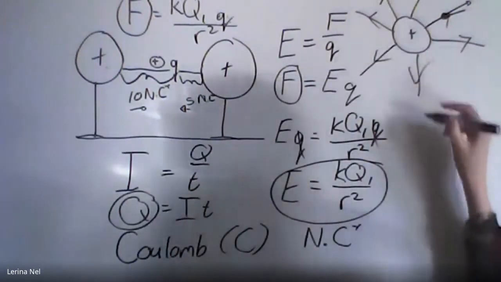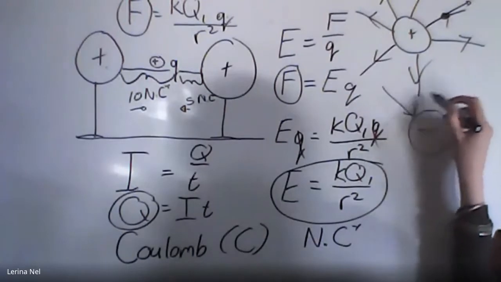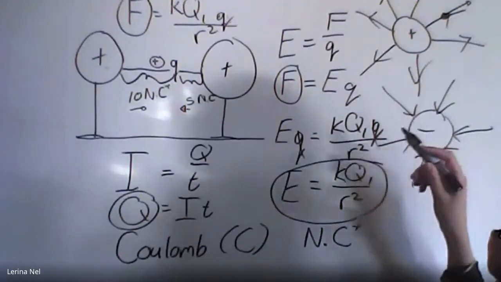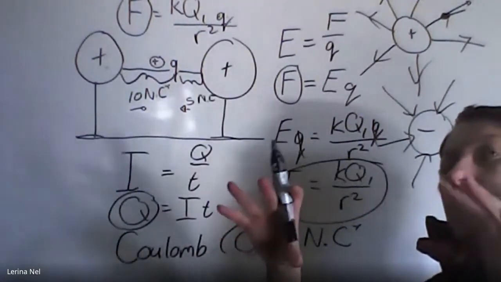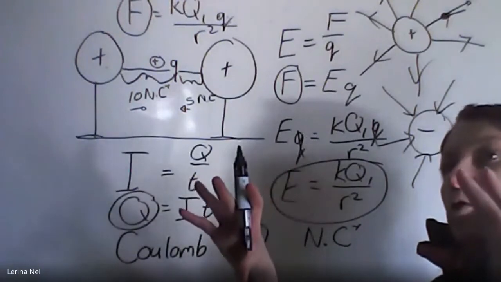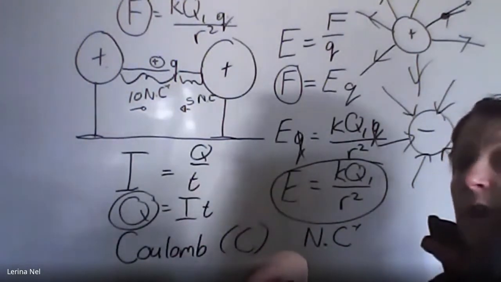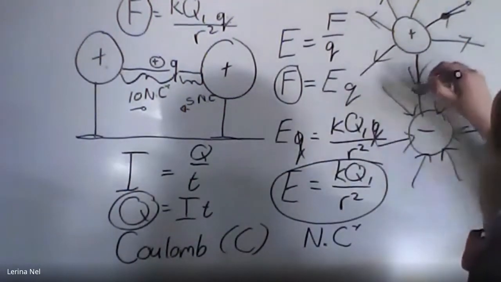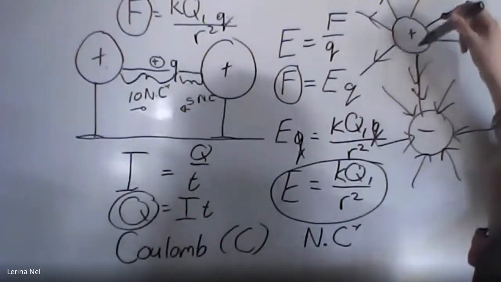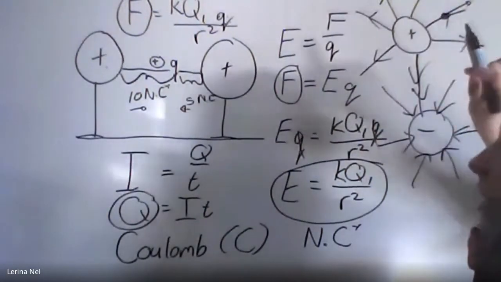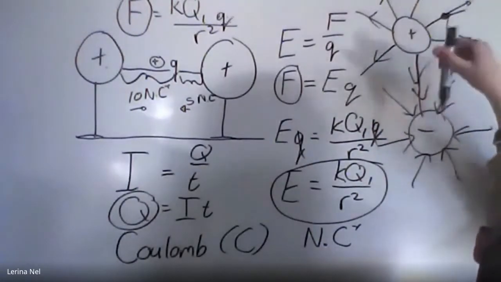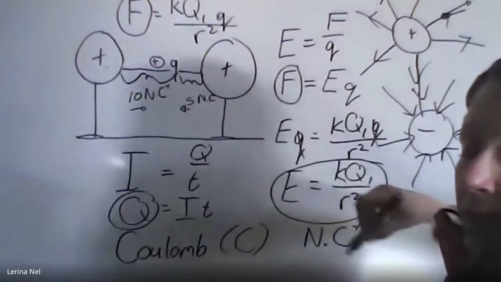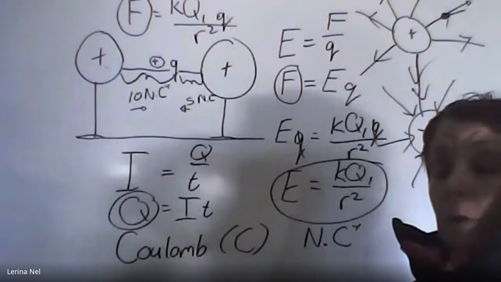If this was a negative charge, it would be pointing towards it, always. And therefore, similar to the magnetic field lines, we can draw electric field line diagrams where, if you have a positive charge and a negative charge like this, it will flow from the positive to the negative. If both of them are positive, they will both flow away from each other, never touching, and if both of them are negative, they will flow towards each charge, but never touching.